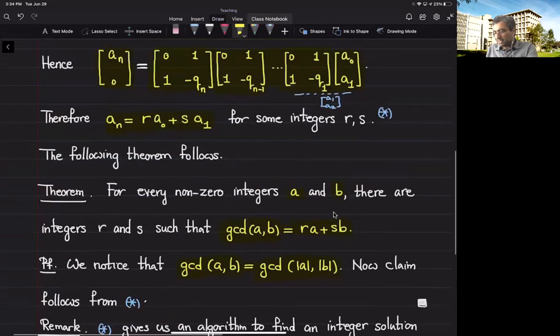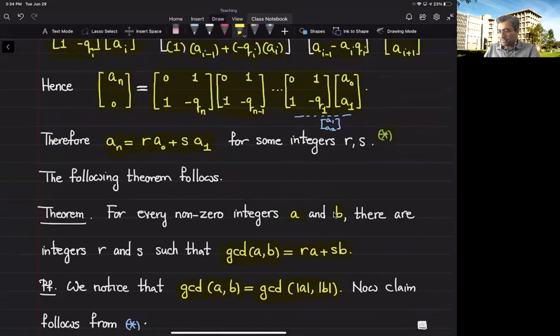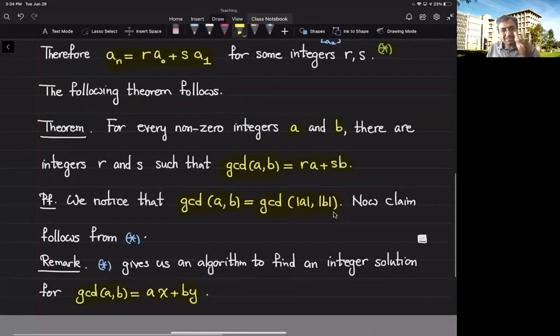Now, if we look at this matrix multiplication, we see that Euclid's algorithm gives us the q sub i's, and therefore using this matrix multiplication, we get an algorithm for finding an integer solution for this equation. So Euclid's algorithm indeed gives us an algorithm for solving this Diophantine equation. We call it the Diophantine equation because we are looking for integer solutions of this equation.